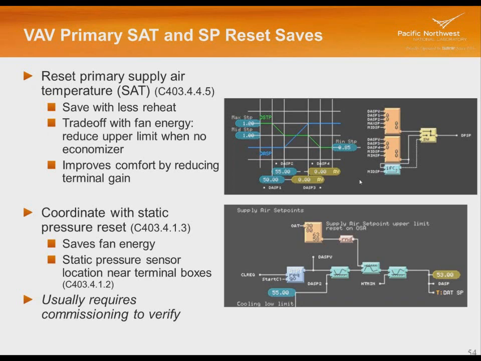It's actually out of a control block diagram that I was involved with, but you can see the idea here is when I have a large cooling load, I do want my discharge air temperature to be 55 degrees, and then through a range, when I go to a moderate cooling load, I might let that float up to a higher set point, and that set point might be 55 degrees, it might be 65 degrees.